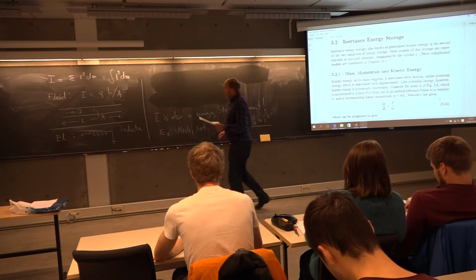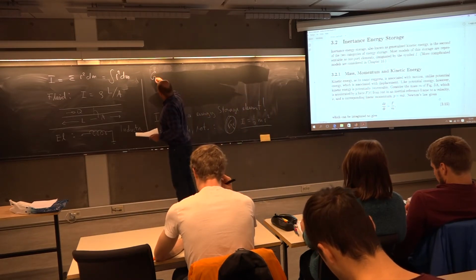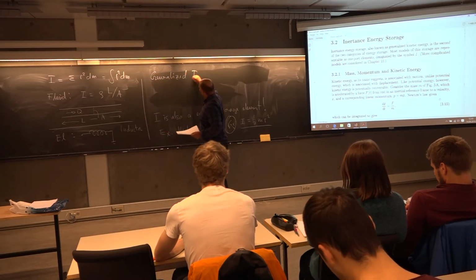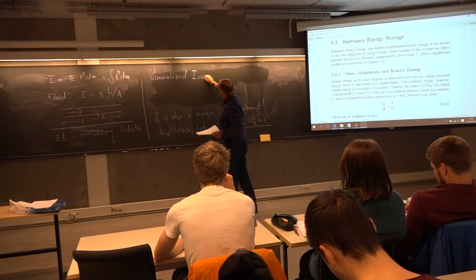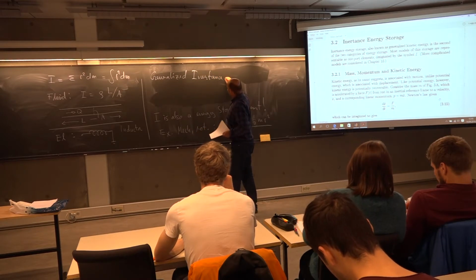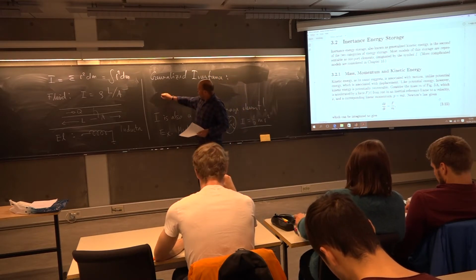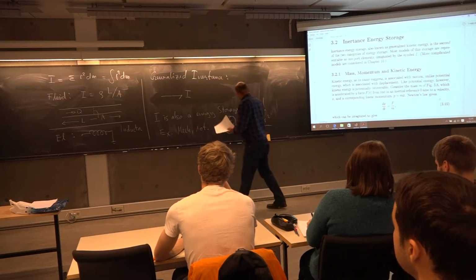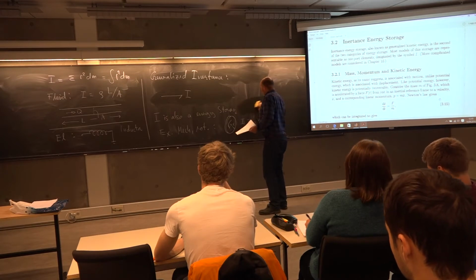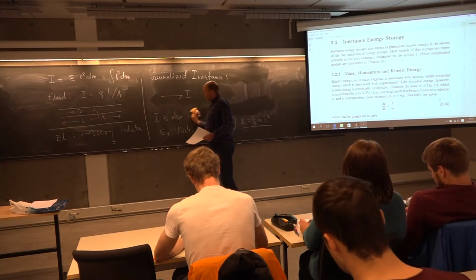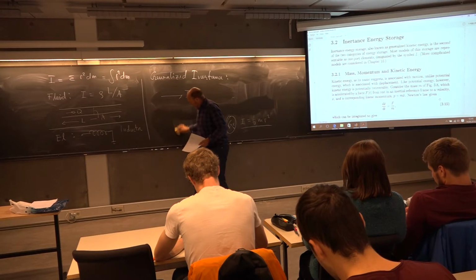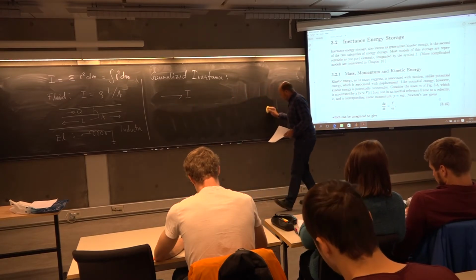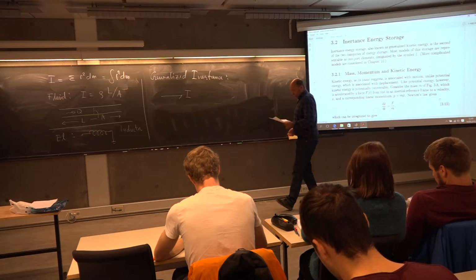For the generalized inertance, you have a bond hitting the I element. Again, you will have the effort on top, the flow under, and we need a coupling between them.